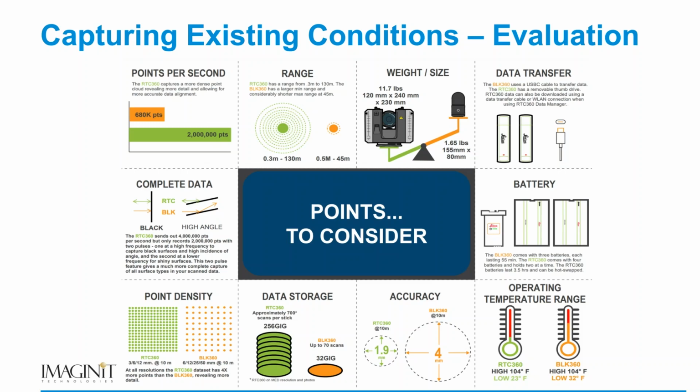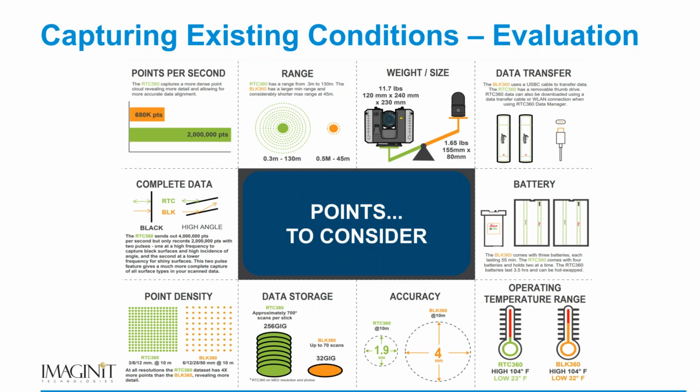You can imagine some of the more cost-effective solutions are not going to capture as much data per second, right? Do I need to capture from here to the other side of the factory? Do I need to capture 300 yards down the road? If you do, then that requires a certain type of scanner for sure.